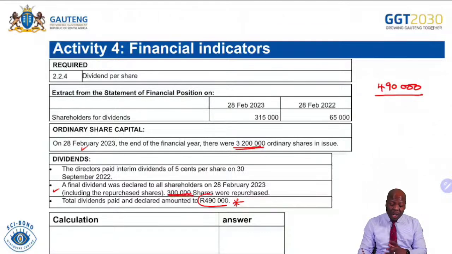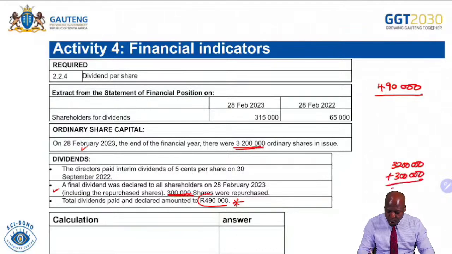So to know how many shares there were before the repurchase, it would be your 3.2 million, which is after the repurchase, plus the shares that were repurchased, which is the 300,000. So before the repurchase, it was 3,500,000 shares. That is what we declared the interim as well as the final dividend on.